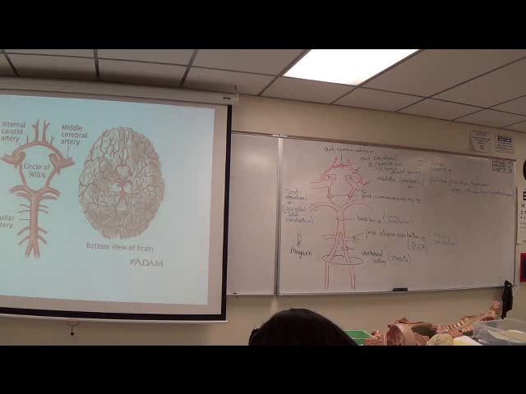They each form, so from those two pairs we get three pairs, anterior, middle, and posterior cerebral arteries, with the basilar and vertebral supplying the brainstem.